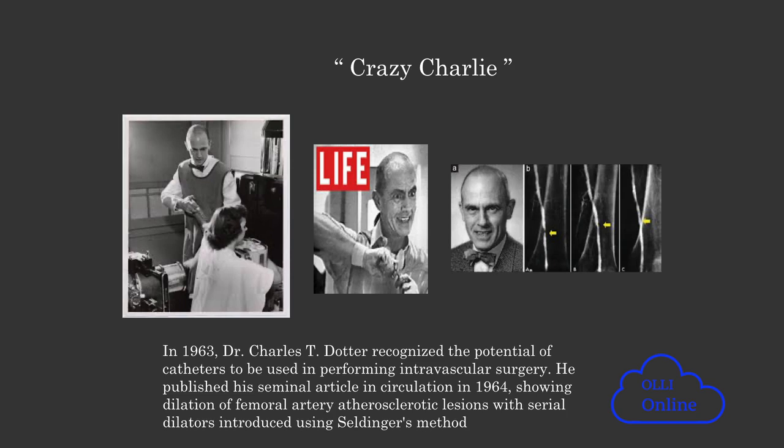Then comes along Crazy Charlie. Charles Dotter is actually from Oregon, and he has a fellowship named after him, the Dotter Institute at the University of Oregon. In 1963, he started introducing catheters that he would shape himself to gain access into strange or hard-to-get-into vessels.